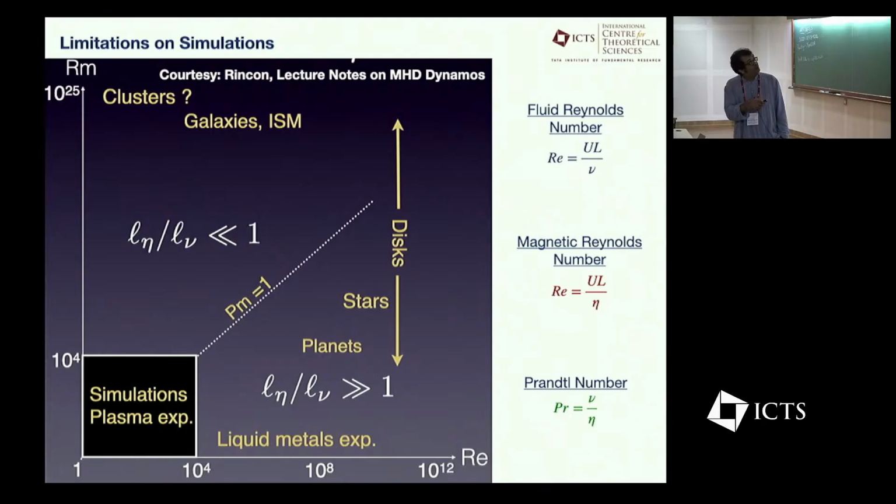I think most people actually working on these problems would be interested in either this regime or this regime. Simulations and plasma experiments, such as the VKS, etc., are confined to this bottom corner. And to actually study things at those scales, you do simulations, but not with the full MHD equations.